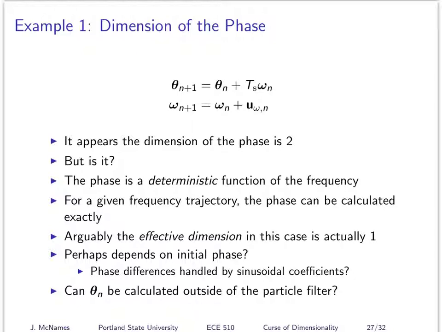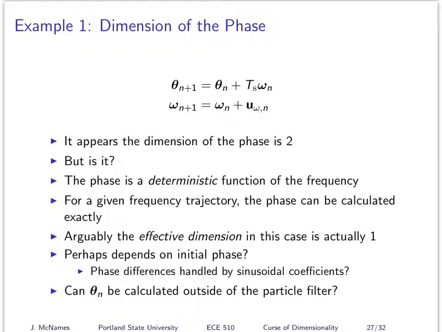I'm not sure. I'm still a little bit torn on it because there is an issue. Well, if it's an integral, what about the offset? What about the initial phase? Maybe you need a bunch of particles to cover a lot of random phases because you don't know how the thing started. It kind of comes back to what you were talking about, Reed. So maybe you need that. But in this particular application, that's probably not true because the coefficients also can represent a constant phase.